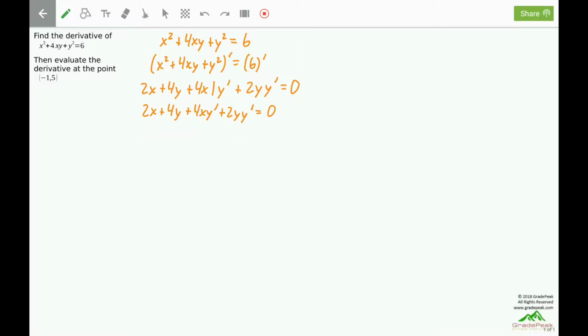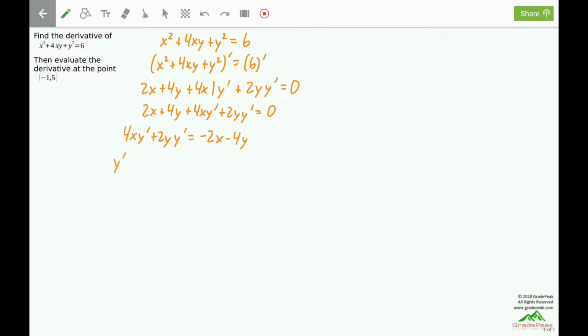We have two terms that have y prime and two terms that do not have a y prime. These do not have a y prime. We will move those to the other side by subtracting them over. So we have 4x y prime plus 2y y prime equals, subtracting those over, negative 2x minus 4y.